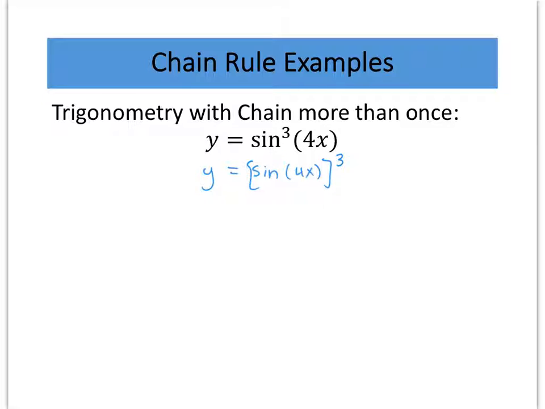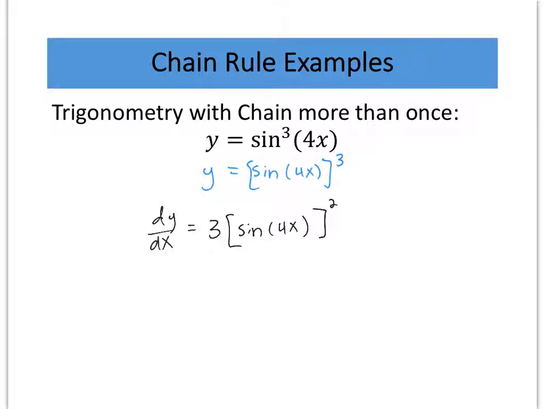I will show you really quickly, and try to do it in different colors each time. So I've got my dy dx. I'm going to take the derivative of my outside function, which is 3 times the sine of 4x squared.